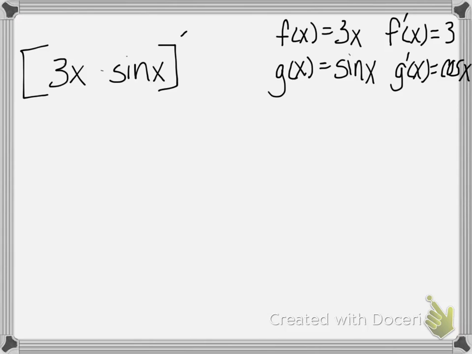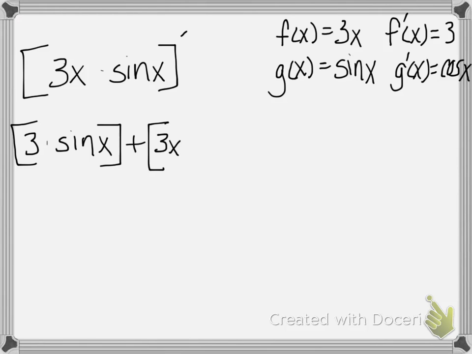So then we just go through and just do the product rule, which is going to be our derivative of the first, which is just 3 times the second. It's going to be plus the first times the derivative of the second.